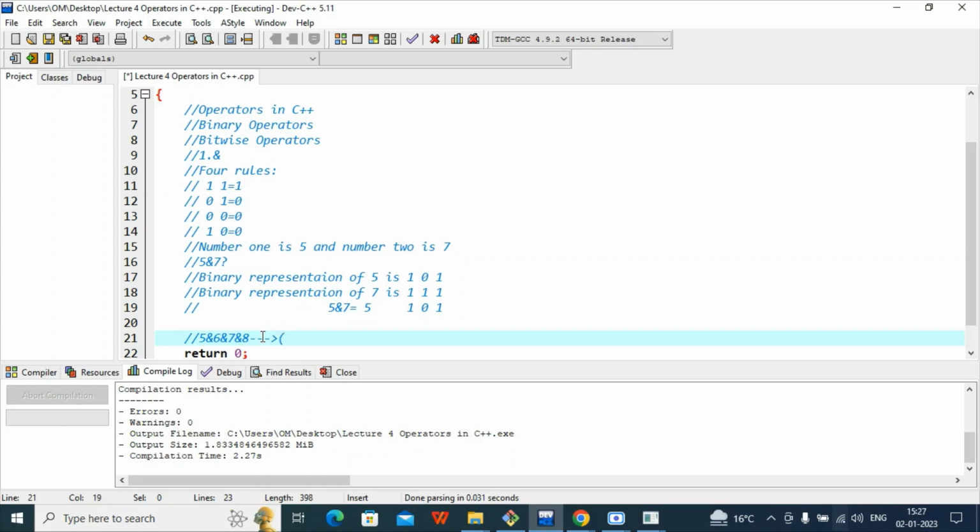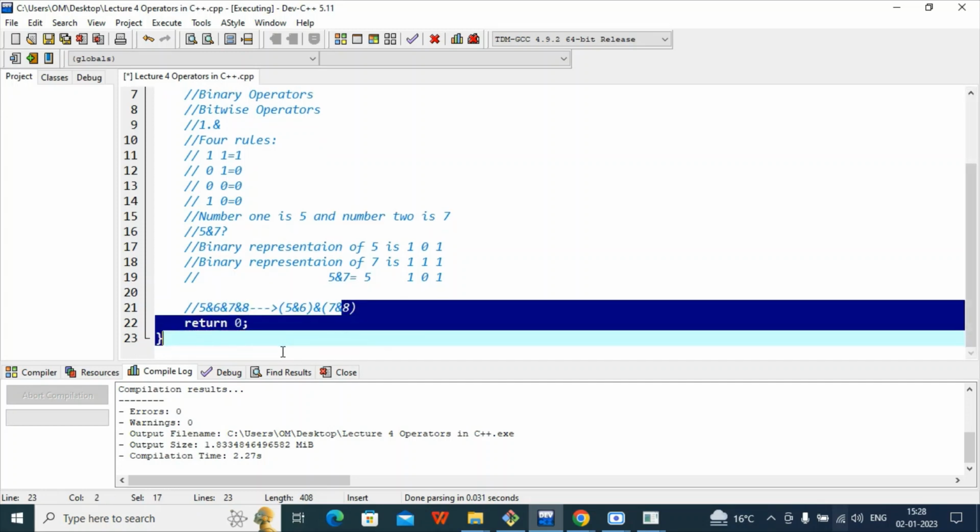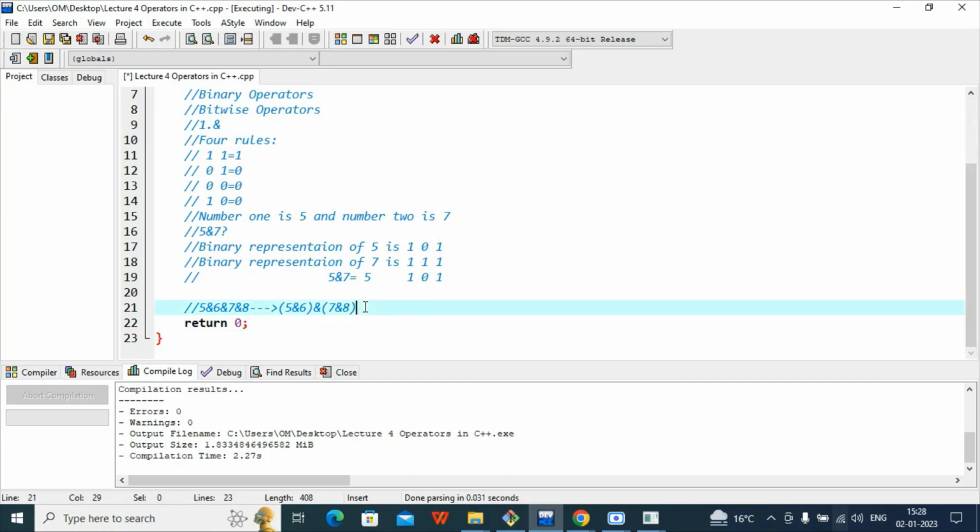You will say, firstly we will take an AND between 5 and 6, then an AND between 7 and 8, then we will take the AND of both these pairs, which is not wrong actually. Or you can do 5 and 6, then do the AND of that result with 7, then do this AND with 8. You can also do it like this, but it is very lengthy.